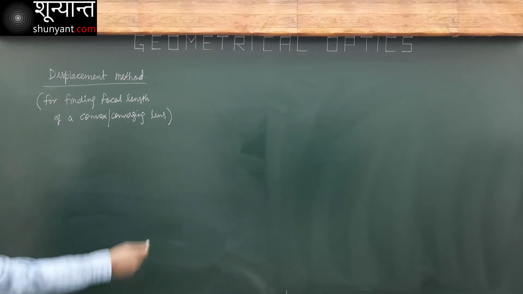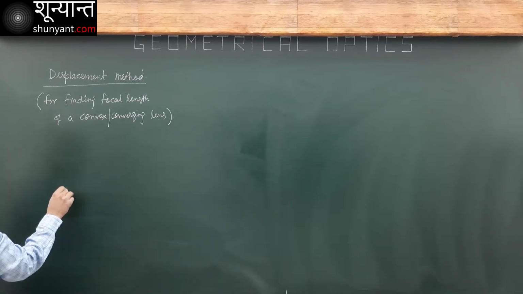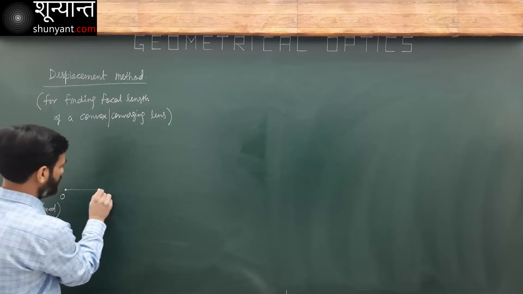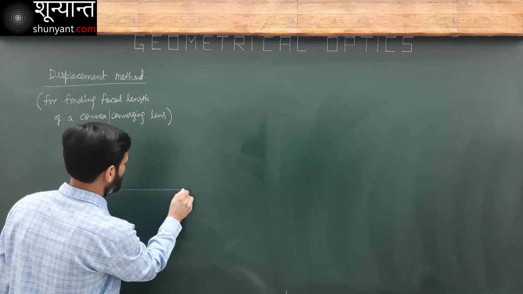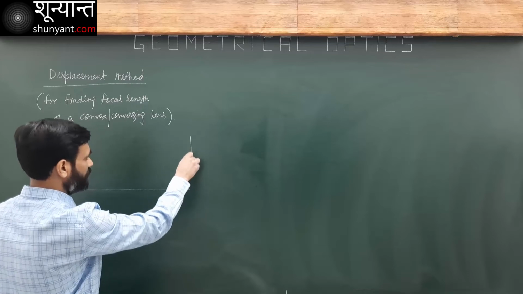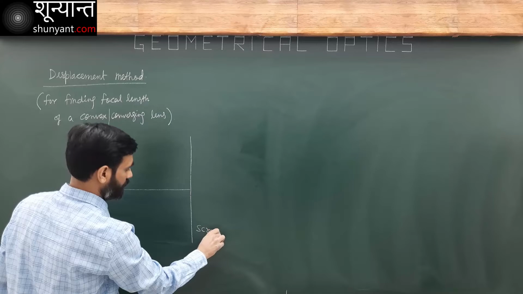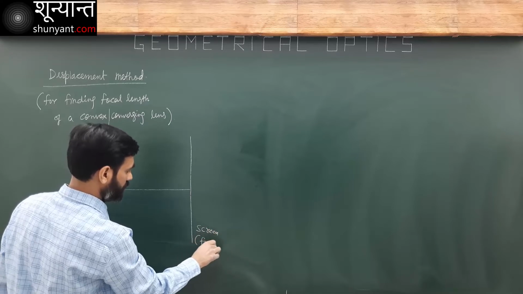Understand the method. I have this object. Object is O, it is fixed. And I have this screen, this also is fixed.